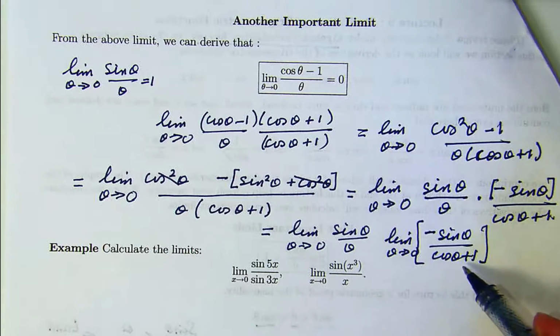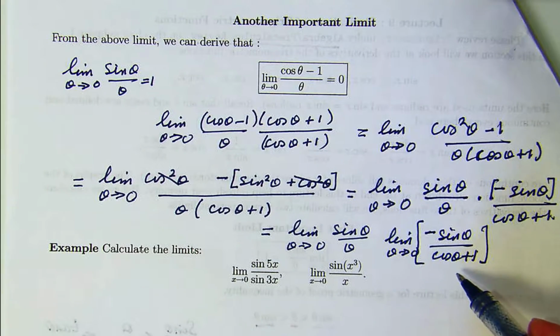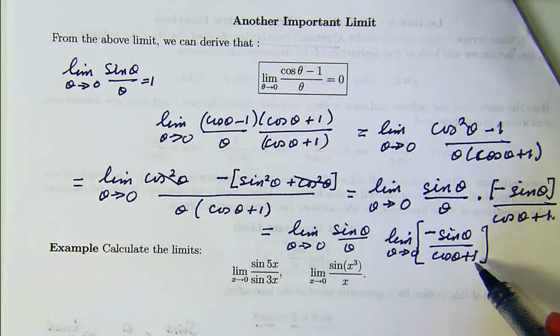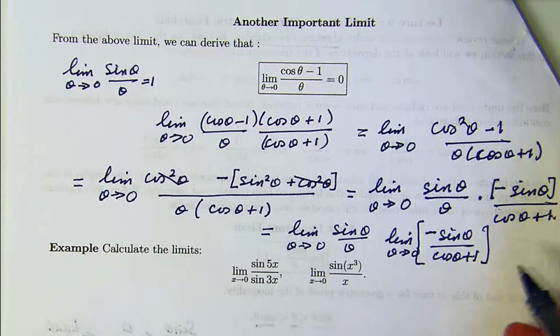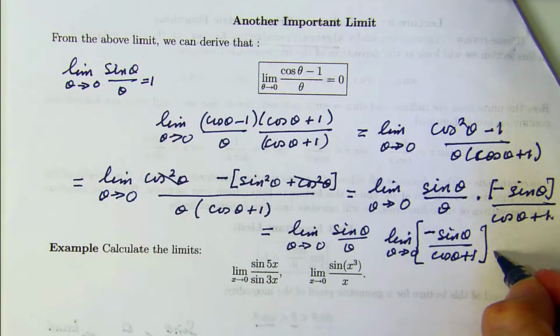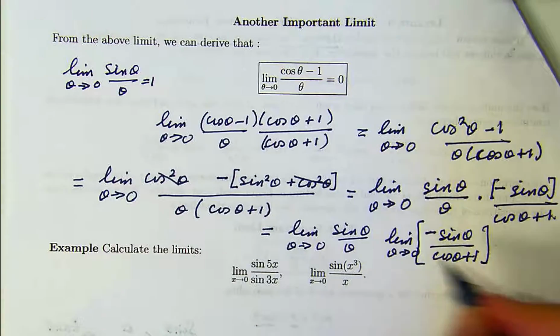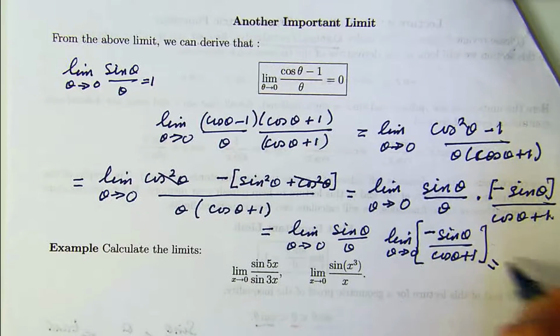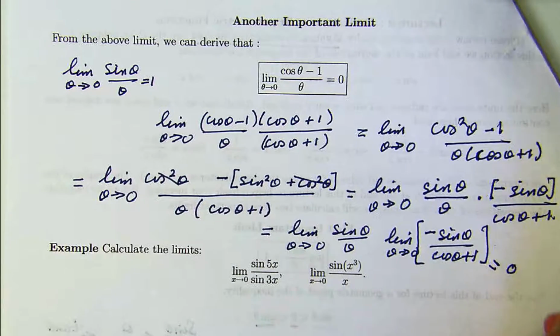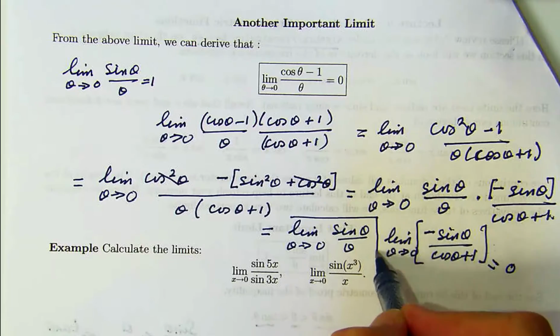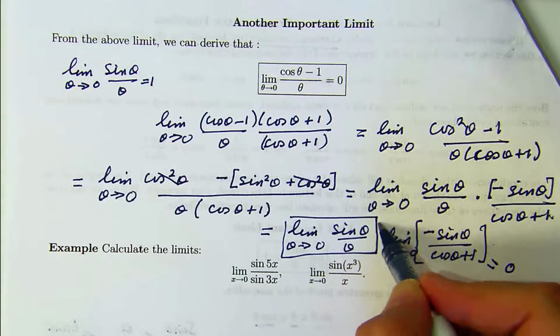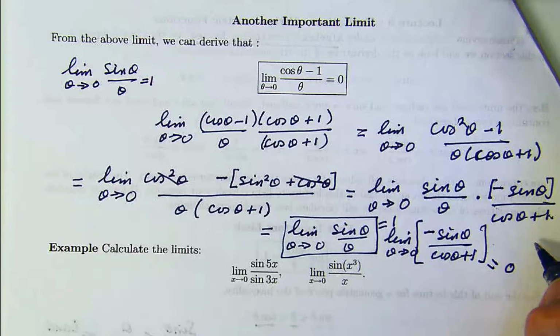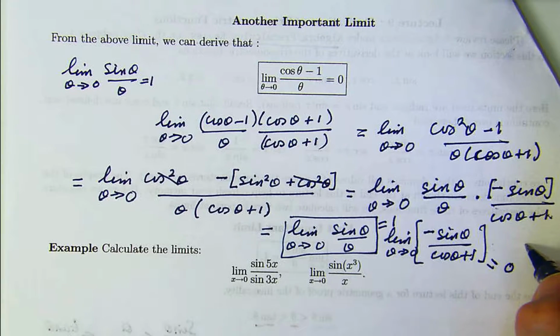And this, of course, is a continuous function because as theta goes to 0, cosine of 0 plus 1 is just 2. So I can just plug in the value of theta here, and I get that this limit is equal to 0. And of course, this limit we've just shown is equal to 1. So the entire limit is 0, and we're done.